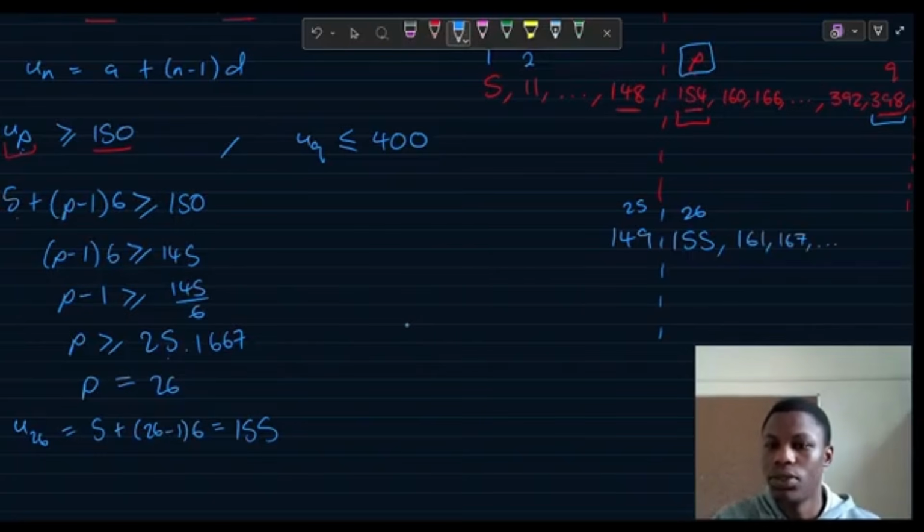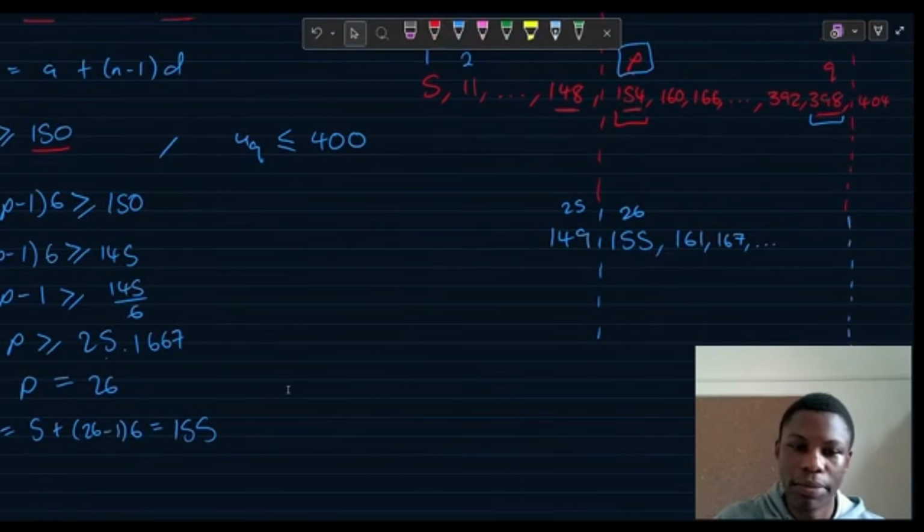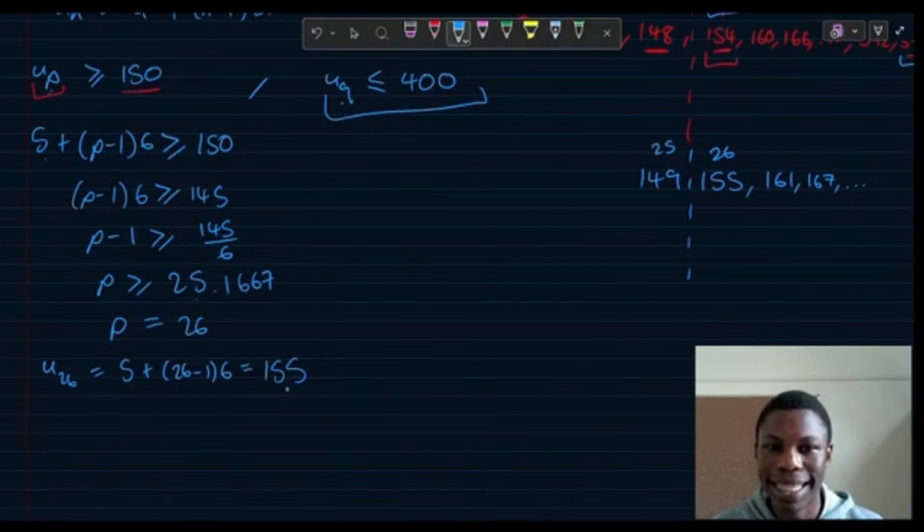And we continue. Now we need to figure out what the cutoff point is on this side. The last number that's less than 400. So we get that from saying that we want a term that's less than or equal to 400. So that's the same procedure, nth term formula, 5 plus q minus 1 times d, which is 6, less than or equal to 400.